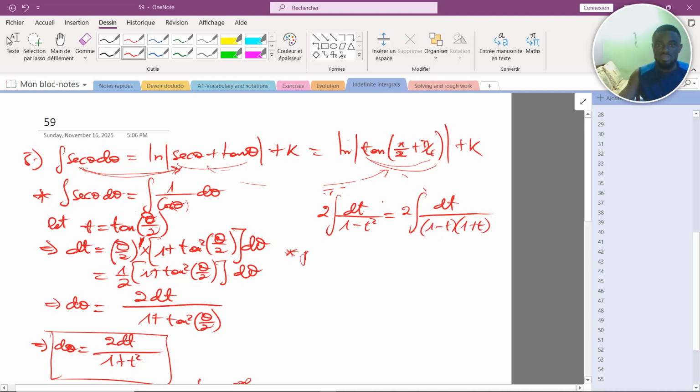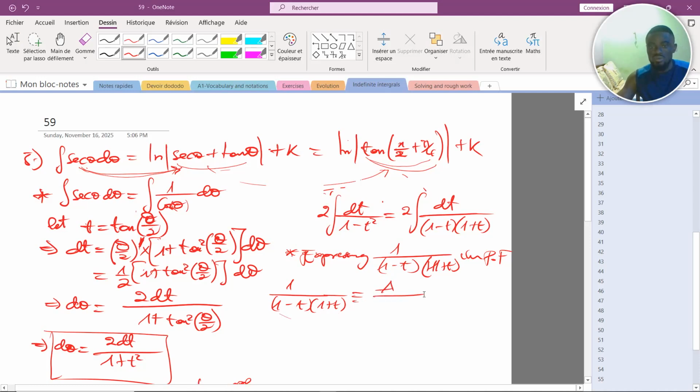So expressing 1 all over 1 minus t into 1 plus t in partial fractions, we know that these are linear factors, so it will be identical to a all over 1 minus t plus b all over 1 plus t.